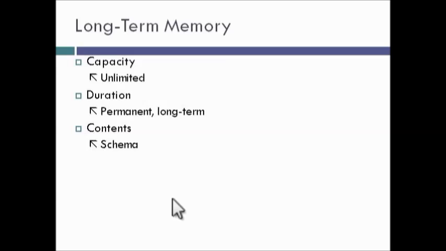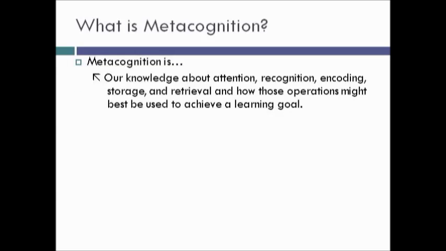Now we will talk about long term memory. The long term memory has indefinite or unlimited capacity. Its duration can be permanent or long term as well. And what does it contain? It contains the schema. Now we will talk about one more topic, that is metacognition.